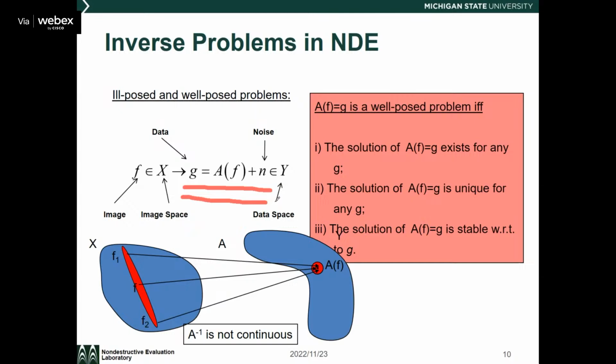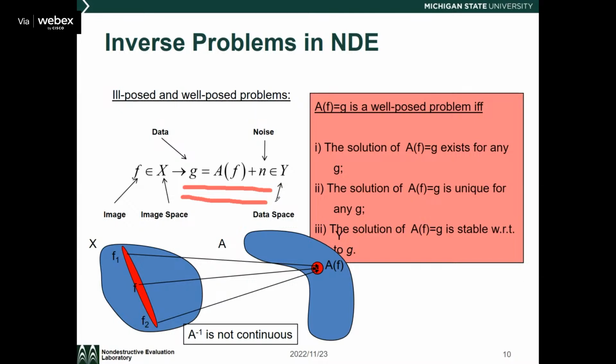And we can mathematically simplify this using the simple equation G = A(F) + N, where A is an operator, a transformation, or a function. It simply tells you how I can get my data from the measurement.